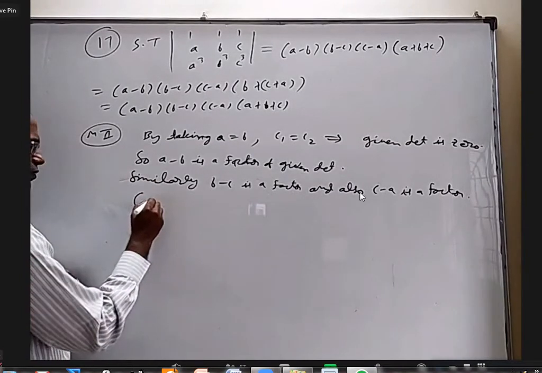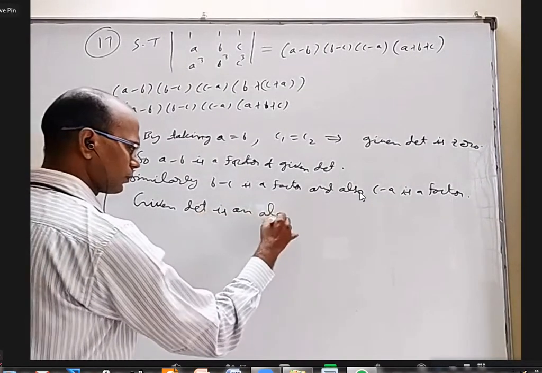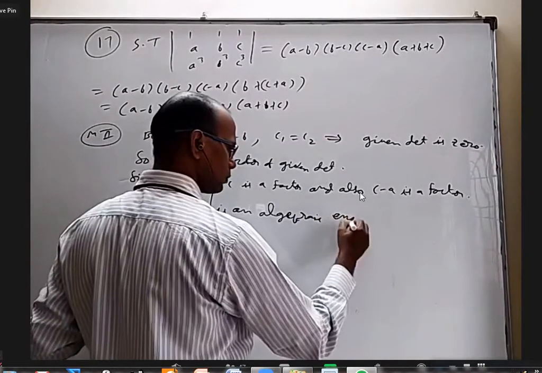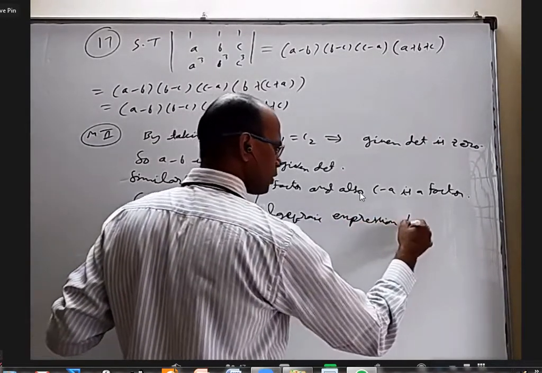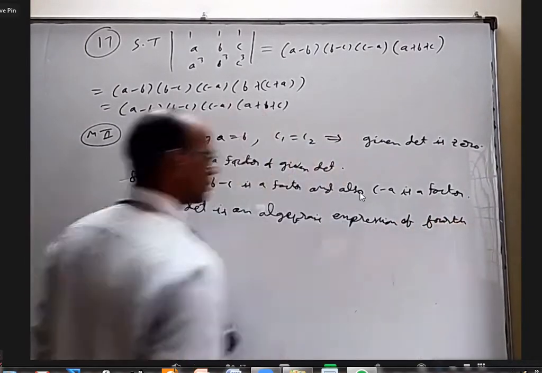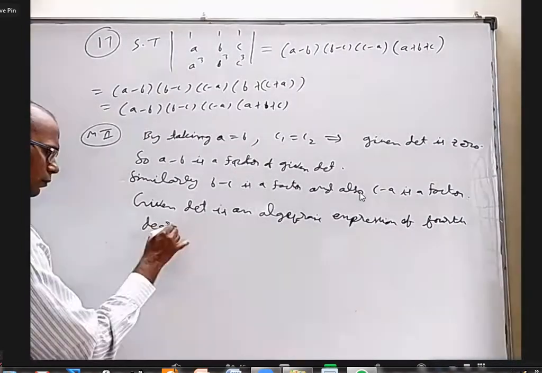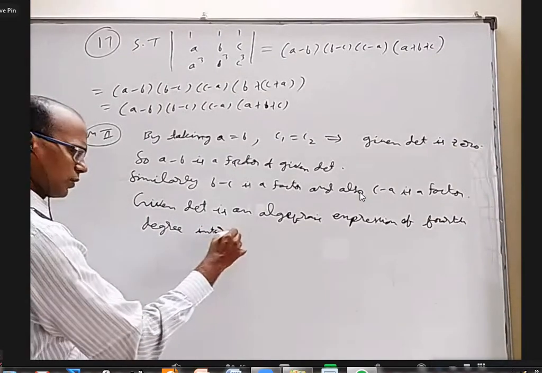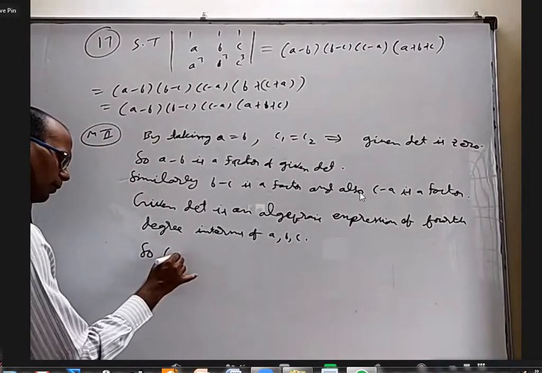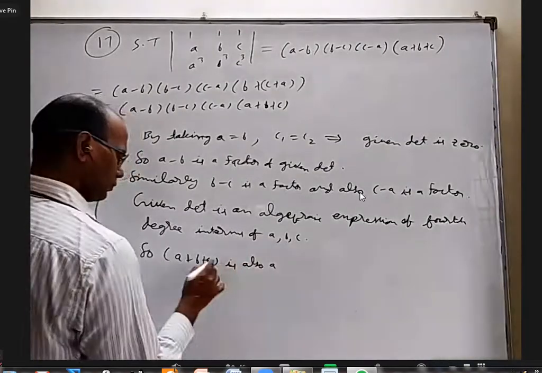Next, the given determinant is an algebraic expression of 4th degree in terms of A, B, C. So A plus B plus C is also a factor.